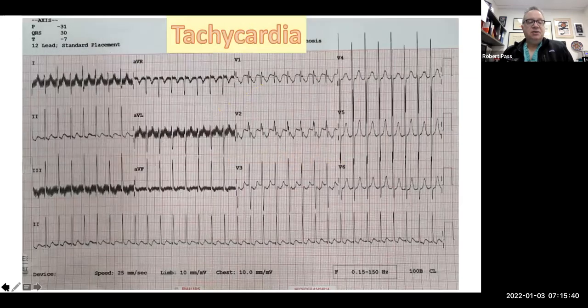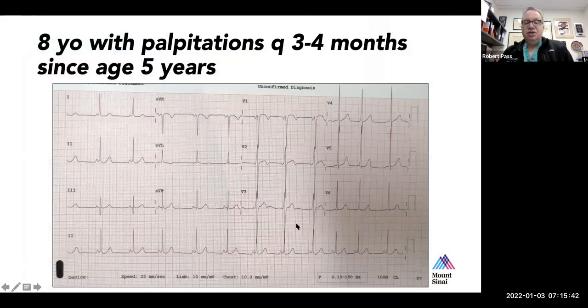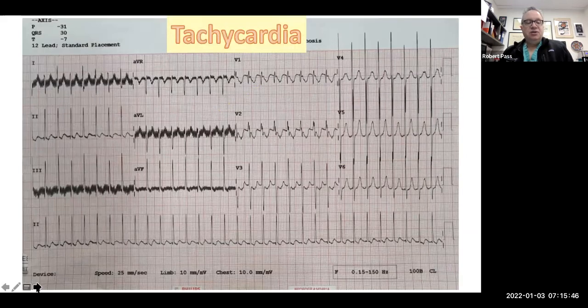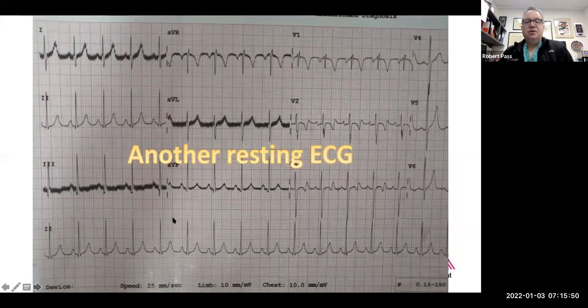So I'll just remind you, this is the original electrocardiogram, and the patient was in tachycardia, received adenosine, and then about an hour or two later, this is the surface electrocardiogram. So can you make any observations or have any thoughts about this WPW in this patient?